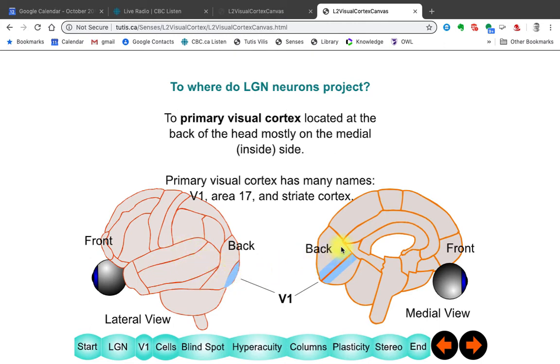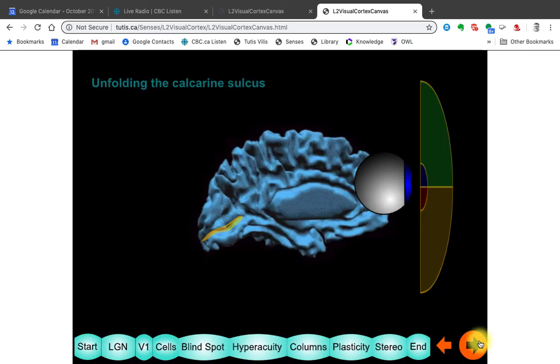But if you take the brain and divide it into two halves, you can see the medial side here, and a lot of the primary visual cortex surrounding this structure here, which is the calcarine sulcus. So most of it is seen from the medial side of the brain.